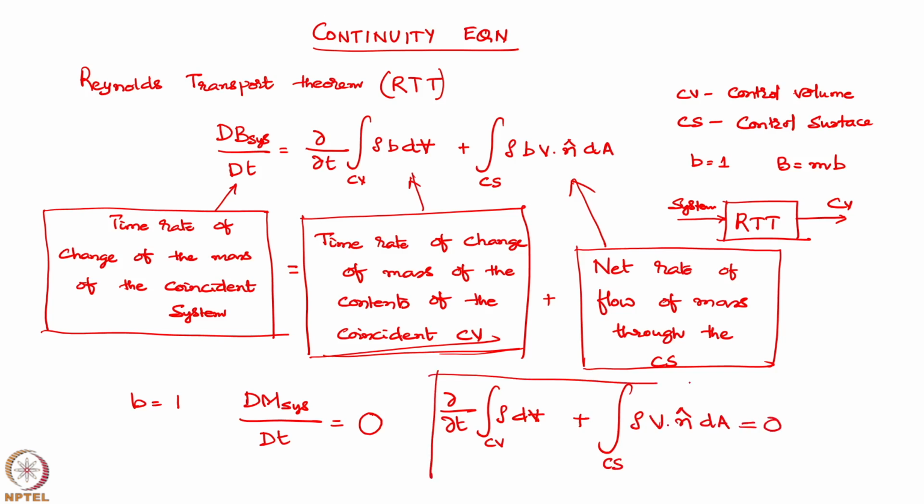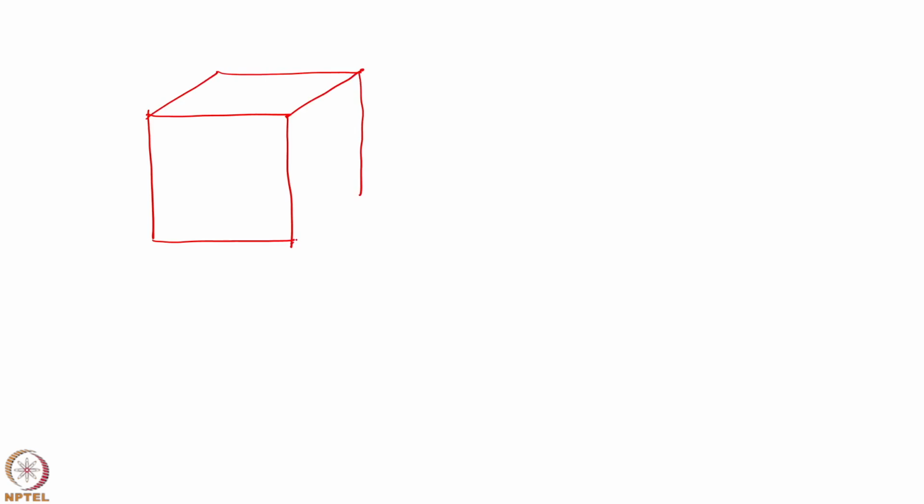Now let us take this equation and get each term. So what I do is I take a parallelepiped, that is, a rectangular block whose dimensions are delta x, delta y, delta z.